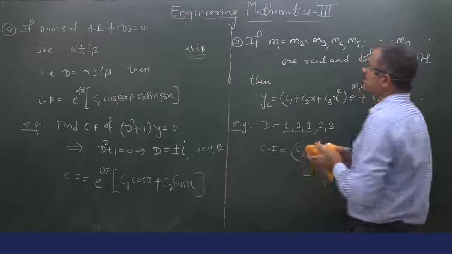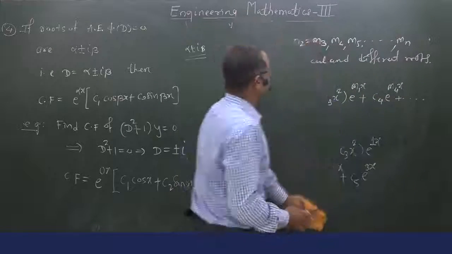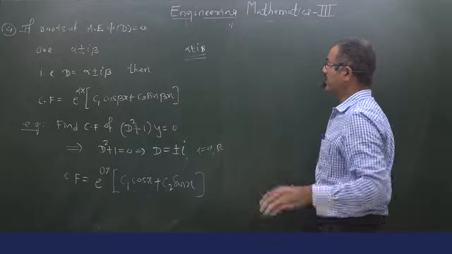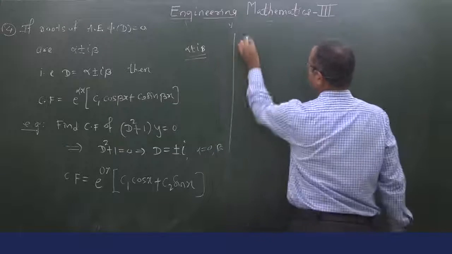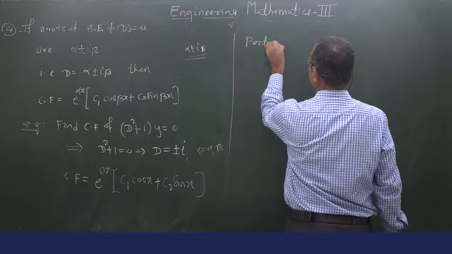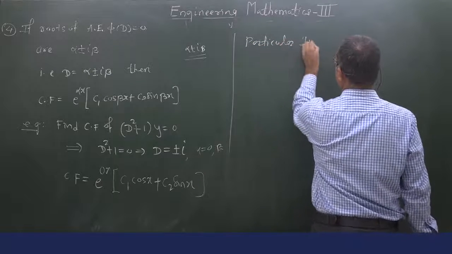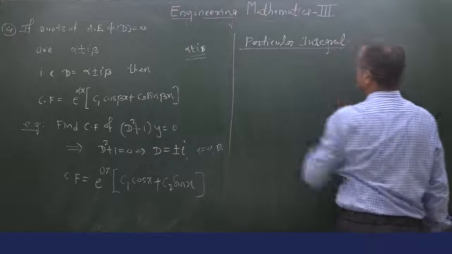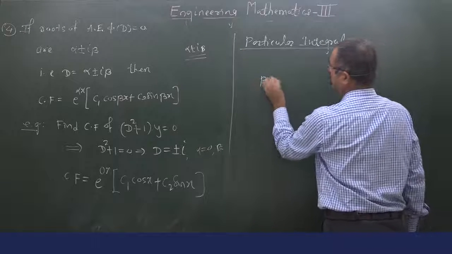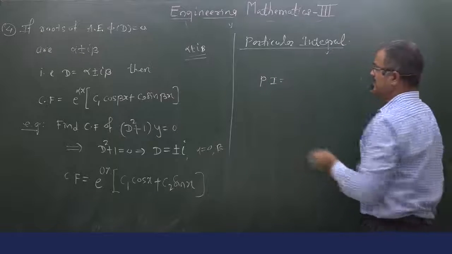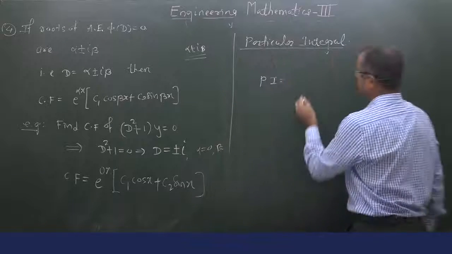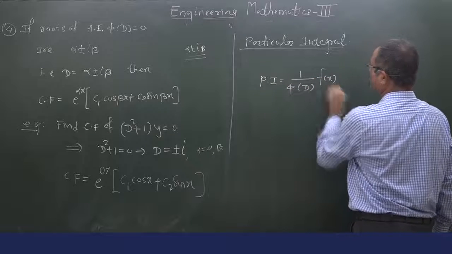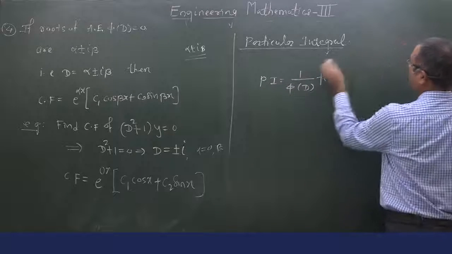Now the next important thing is how to find the particular integral of the differential equation. The particular integral of the differential equation phi of D y is equal to f of x is equal to 1 upon phi of D into f of x.